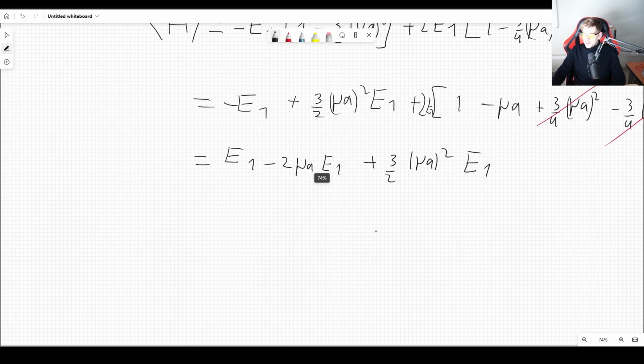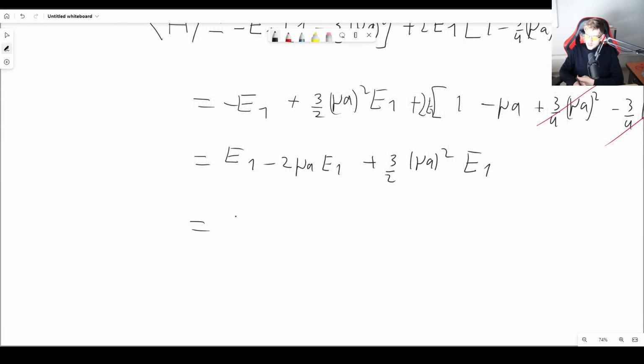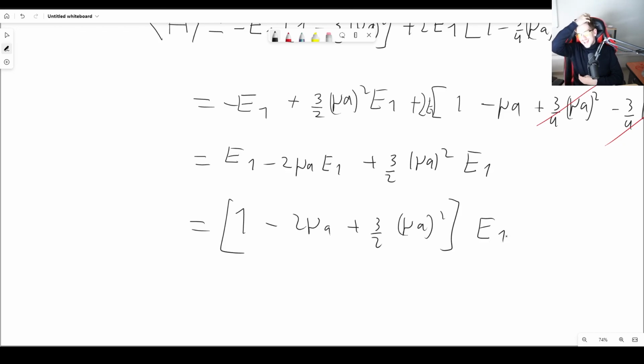So basically, the result is going to be 1 minus 2 mu a plus 3 over 2 mu a squared, all of this times E1. So this is the energy that the hydrogen atom would have if the photon was not massless. Of course, if mu goes back to 0, we get back the result E1.